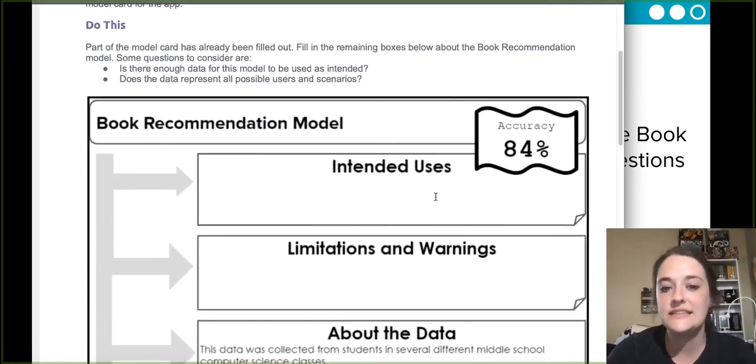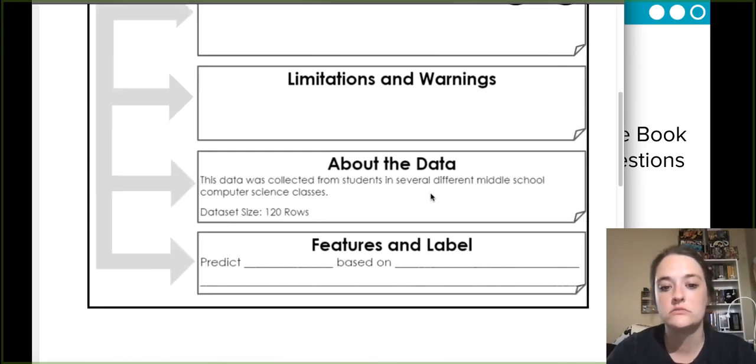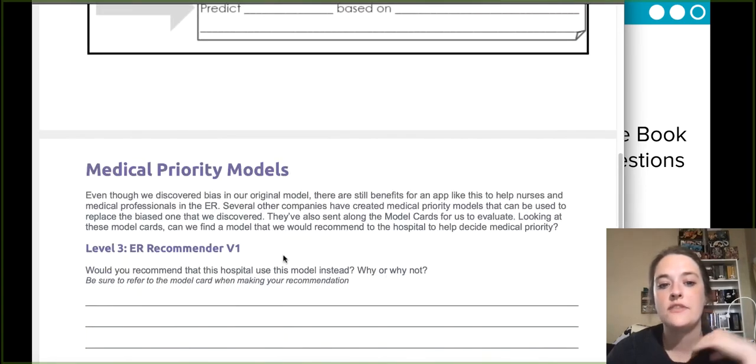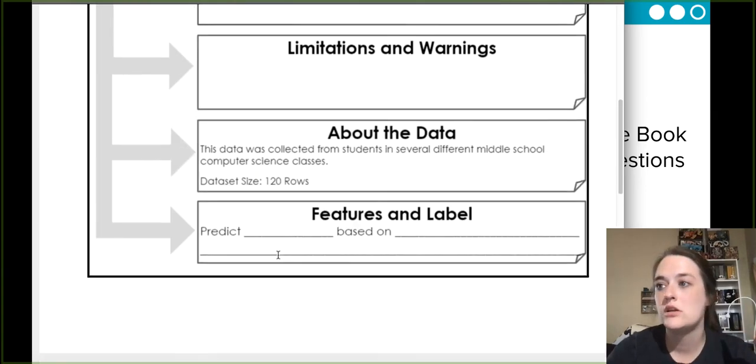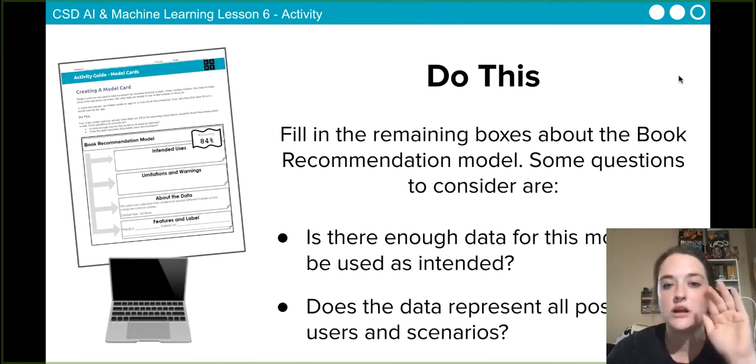What's the intended use of the book recommendation model? Okay, what's it trying to predict? What are the limitations and warnings of this model? All right, and that's going to be the first part. Pause the video here so you can complete the first page.